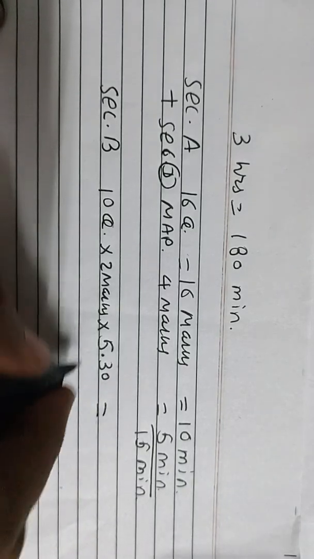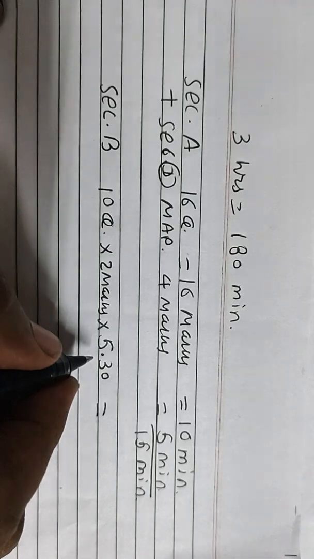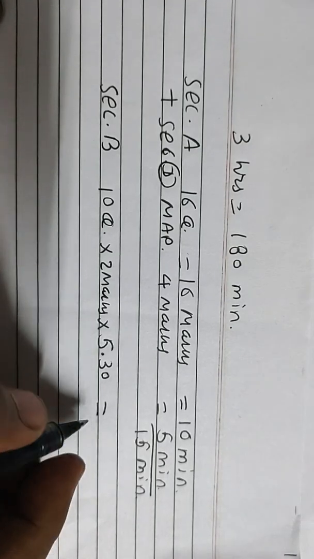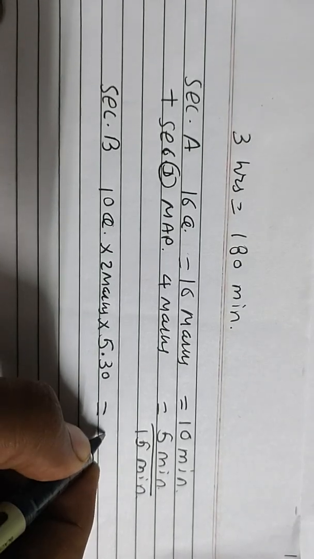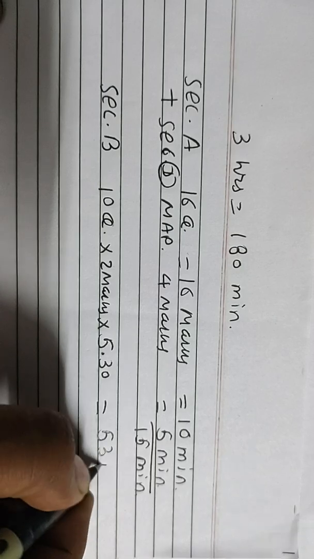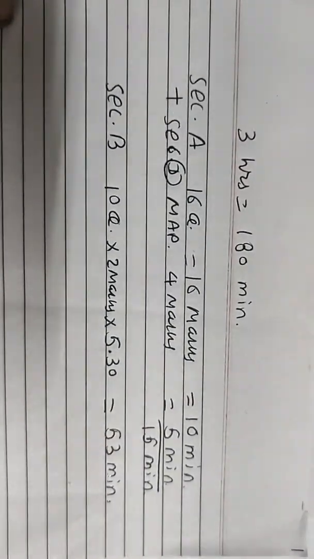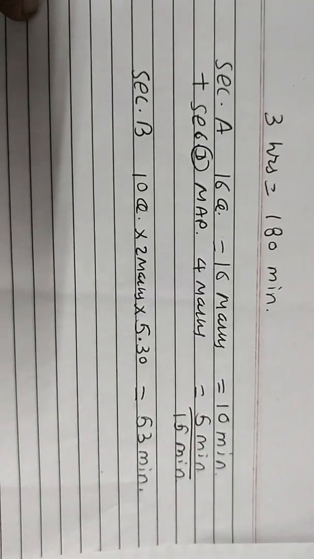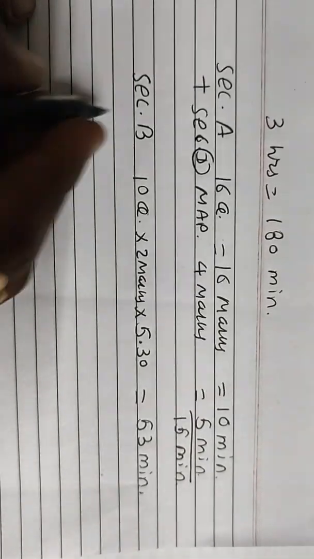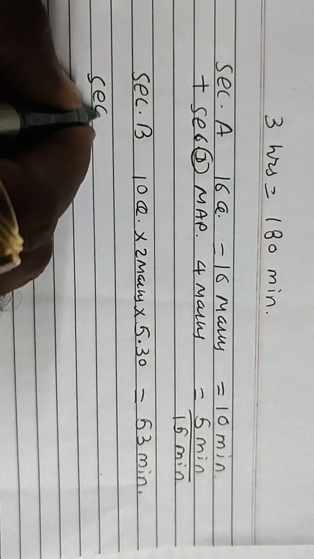I repeat, per question you can allot 5 minutes and 30 seconds. So altogether it will be over in 53 minutes. Clear?